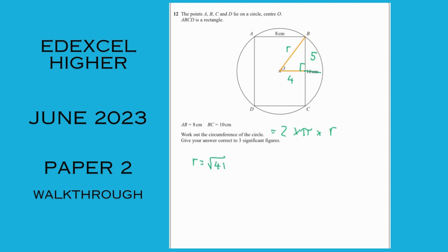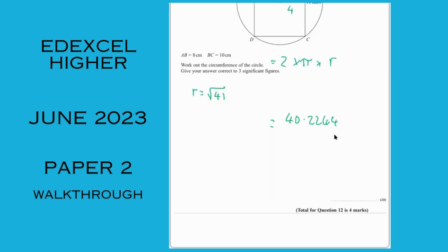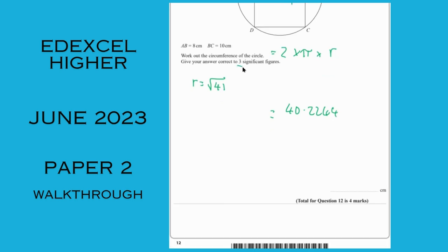Onto our calculators. 2 times the root of 41 times by pi. I'm getting 40.2244, etc., etc. 3 sig figs required. I'll stop at 40.2.